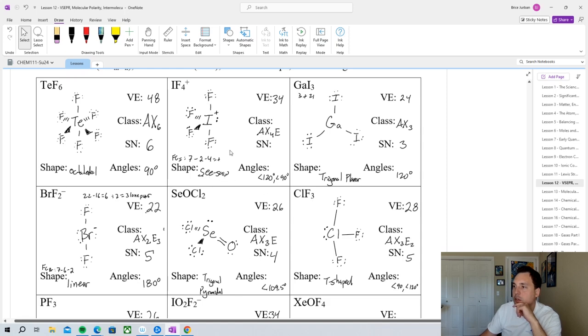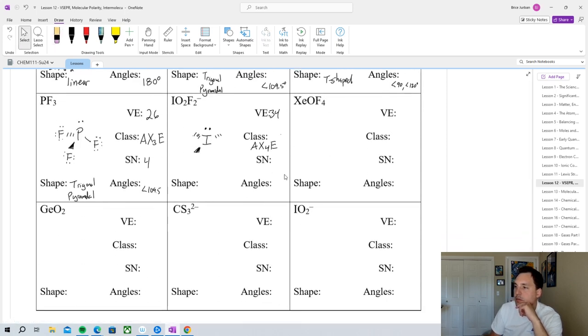Yeah, so it's going to be similar looking to this one up here. So if it's seesaw, I can't write seesaw. I like to draw it with the lone pair here and these two up and down.